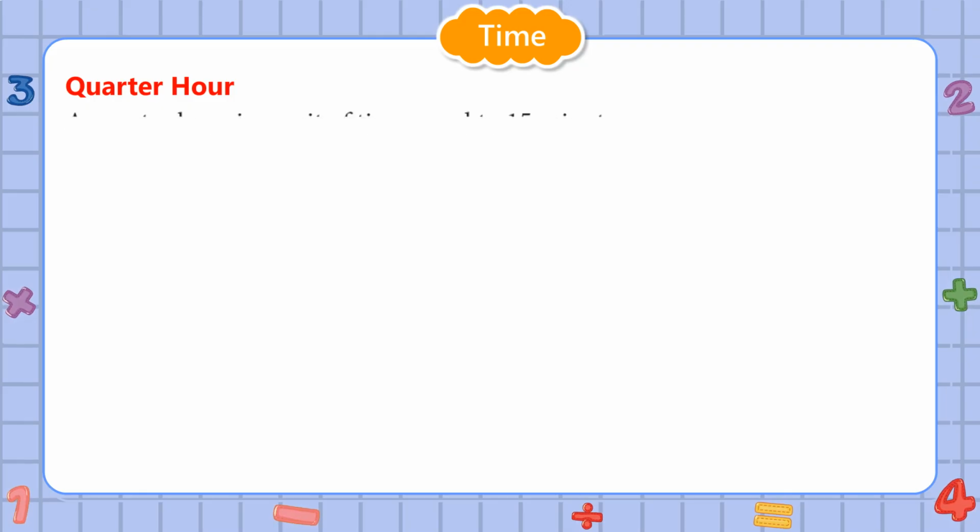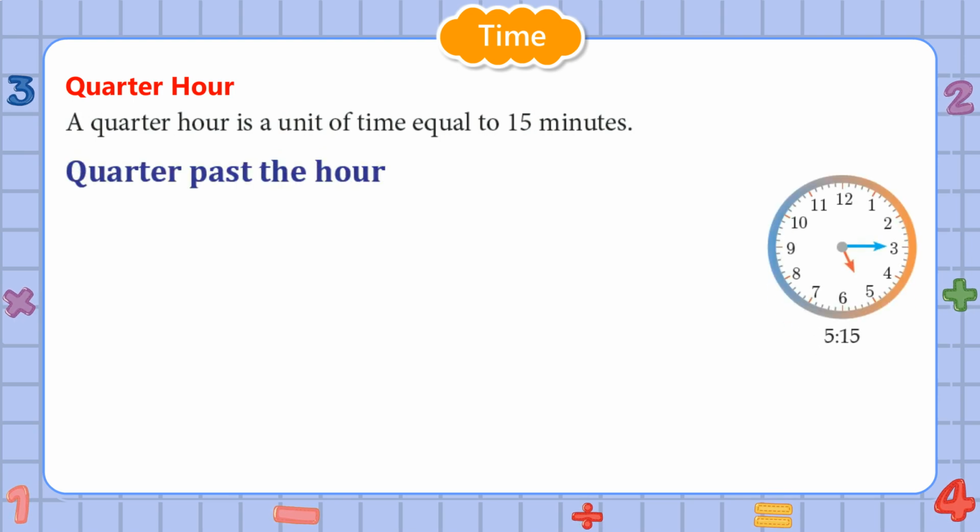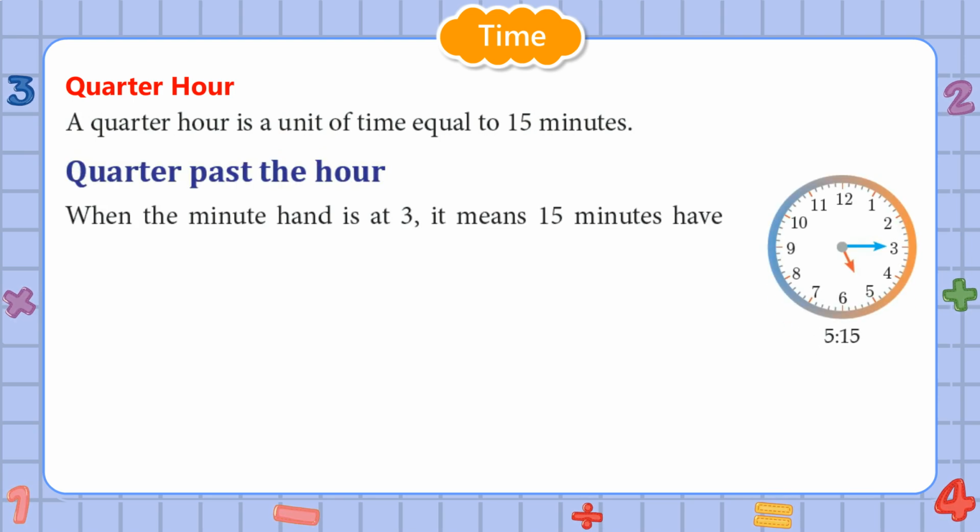Quarter hour. A quarter hour is a unit of time equal to 15 minutes. Quarter past the hour. When the minute hand is at 3, it means 15 minutes have passed, as 3 multiplied by 5 is equal to 15 minutes.